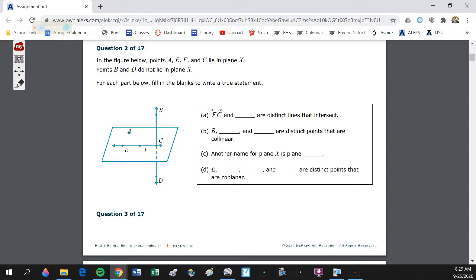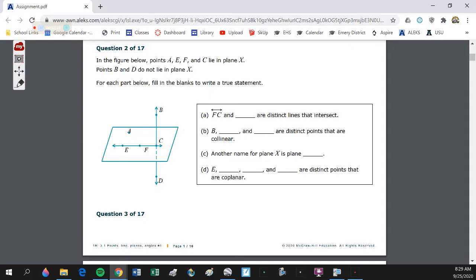So the instructions in number 2 say, in the figure below, A, E, F, and C are all in plane X. B and D do not lie on plane X. So FC and blank are distinct lines that intersect. So what line intersects FC?